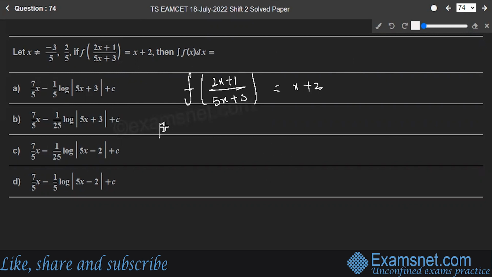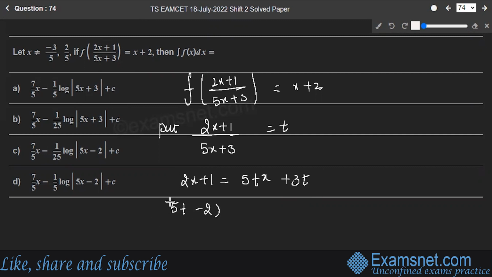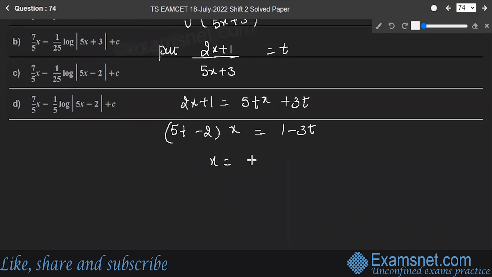Now let's put (2x plus 1) upon (5x plus 3) equal to some t. Or you will say 2x plus 1 is equal to 5 into t into x plus 3t, or (5t minus 2) into x is equal to this, or x is equal to (1 minus 3t) upon (5t minus 2).